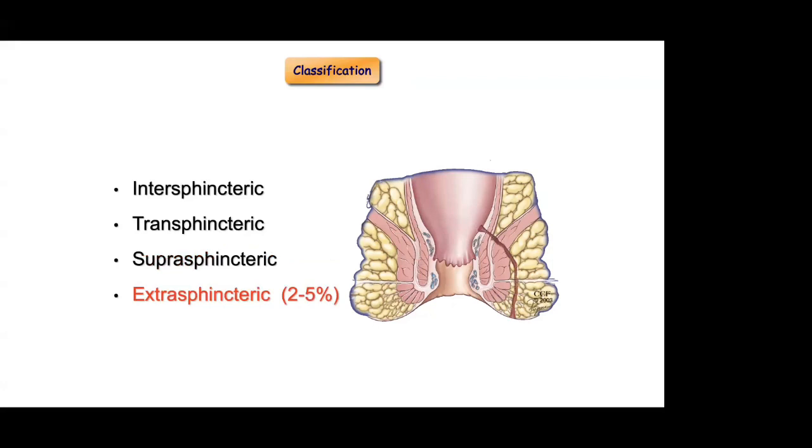The last one is the extrasphincteric fistula, when the fistula tract runs outside the external sphincter and goes upwards through the levator ani into the rectum. These fistulas are completely different from the others, simply because they can come from diverticulitis, pelvic collection, or other diseases such as Crohn's disease or ulcerative colitis.